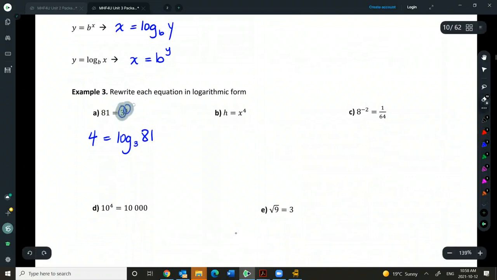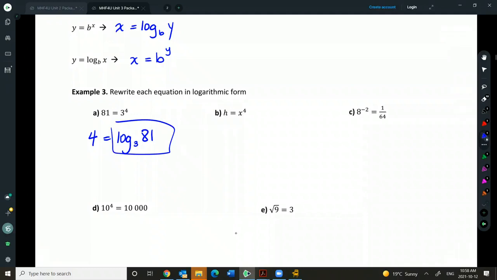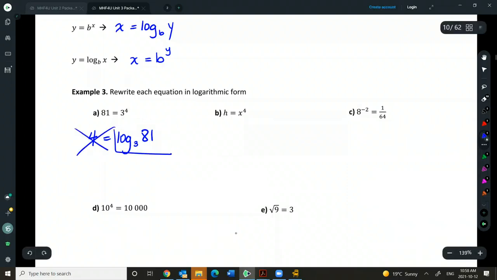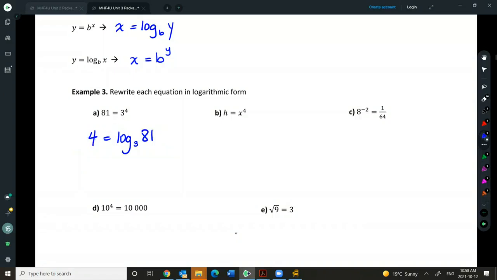Basically, if I write something like this, I am giving the answer to what 3 must be raised to get 81. So the question of the logarithm here, if I didn't know this, if I were just calculating this, it's asking me 3 raised to what exponent is 81. And that's what the logarithm gives me out. It gives me out 4 because 3 to the 4 equals 81. So that's how we would rewrite it.